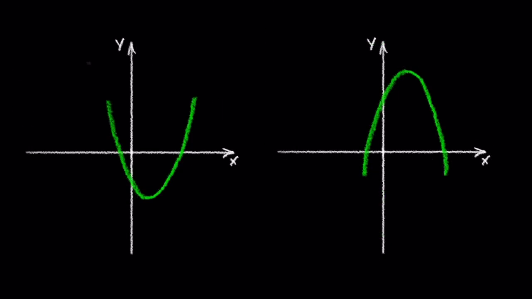Let's look at some graphs of quadratic functions to get a visual understanding of quadratic functions. The graph of any quadratic function is called a parabola. We see that parabolas are shaped like a kind of U or bowl, or inverted U or bowl.